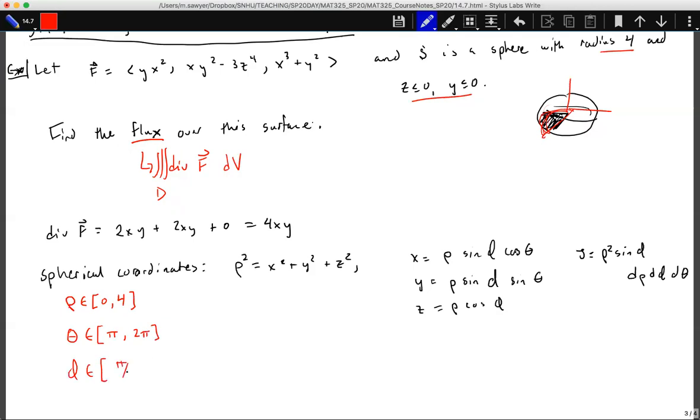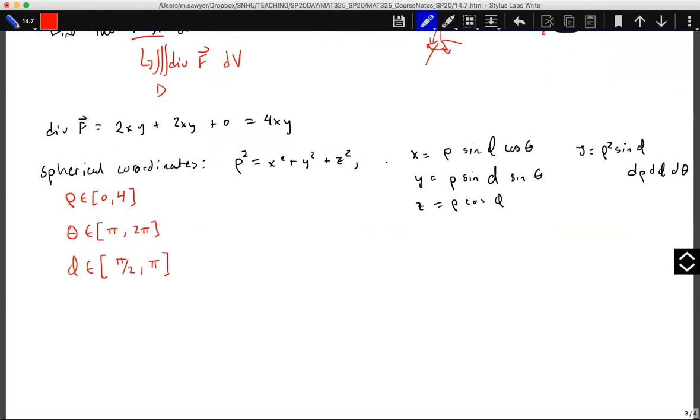So pi over 2 is our lower bound for phi, and pi is our upper bound for phi. So again, remember with spherical coordinates, rho goes out, theta goes around, and phi is the angle going down. And again, this could be different based on your engineering courses as well. The switch between theta and phi, so keep that in mind.